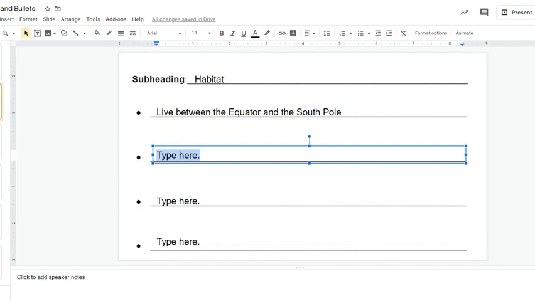Okay. I also remember that page talked about how they live on islands, coasts, icebergs. So I'm going to put live on islands, coasts, and icebergs.